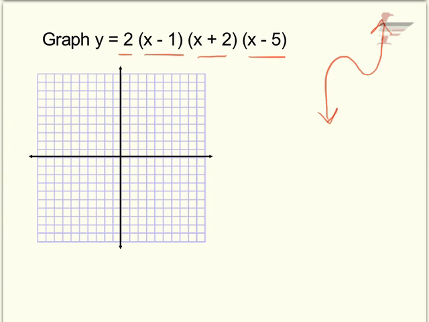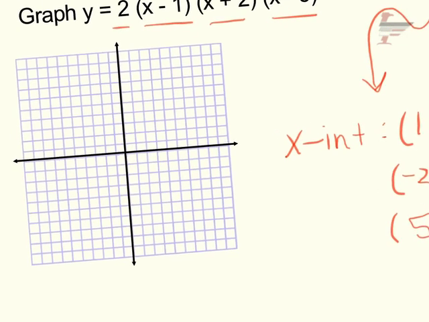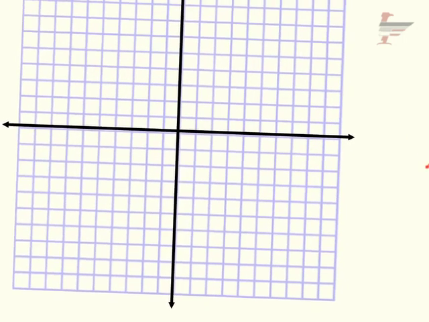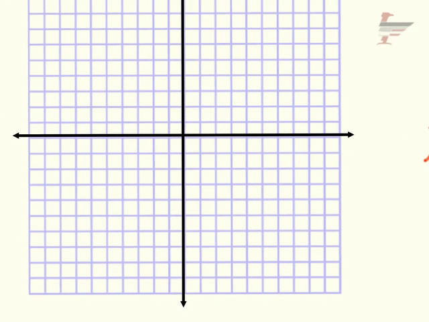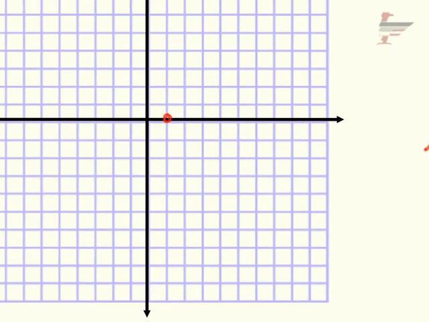I also know that because it's in intercept form, I'm going to have x-intercepts at 1 and negative 2 and positive 5. Okay, so I'm going to just blow up my graph for a second and draw in 1, 5, and negative 2.